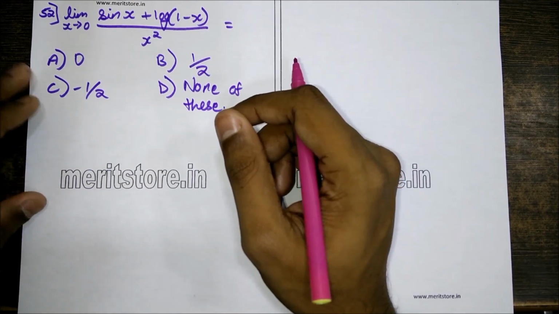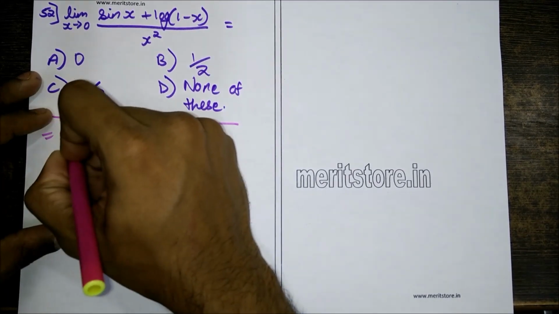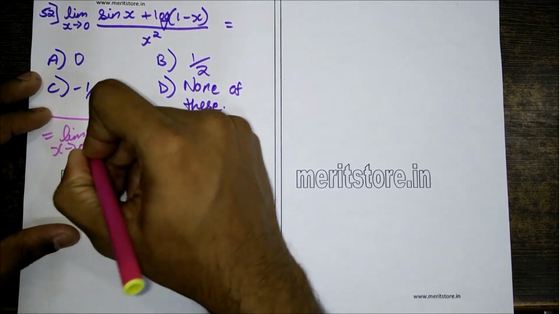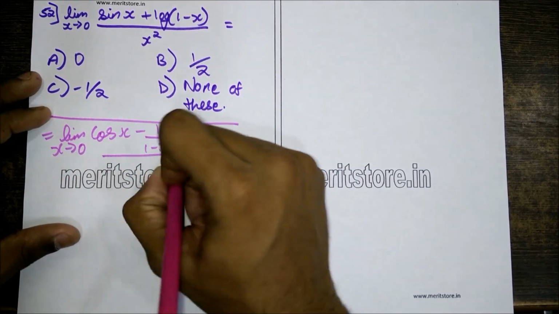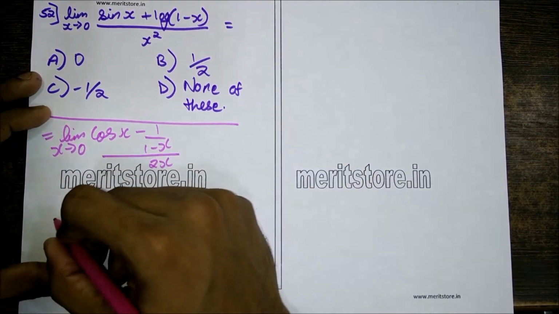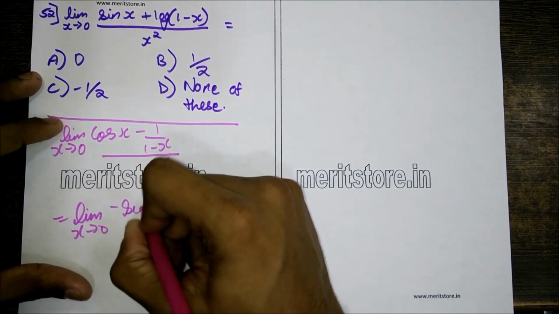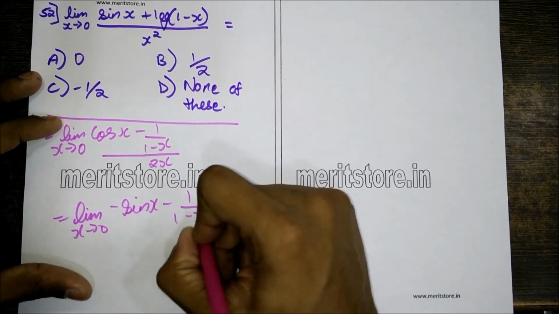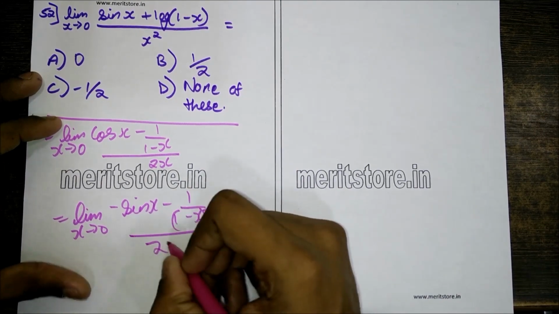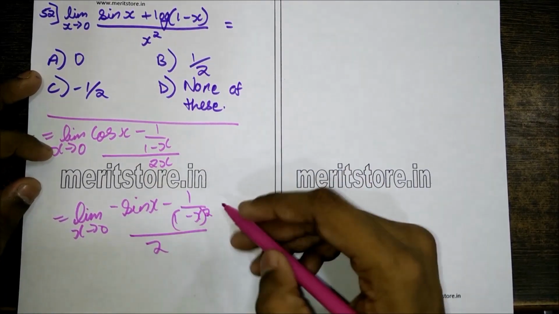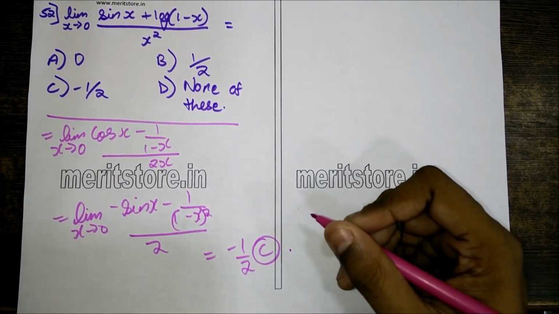So first we apply the L'Hopital's rule on this, giving us limit of x tends to 0, (cos x minus 1 by (1 minus x)) upon 2x, giving us limit of x tends to 0, (minus sin x minus 1 by (1 minus x) the whole square) by 2. Then we apply the limit x tends to 0, giving us minus 1 by 2, which is option C.